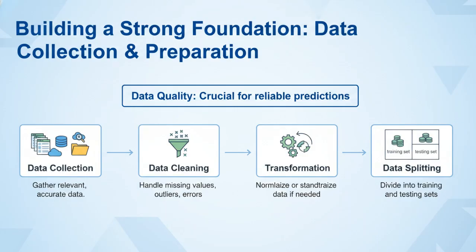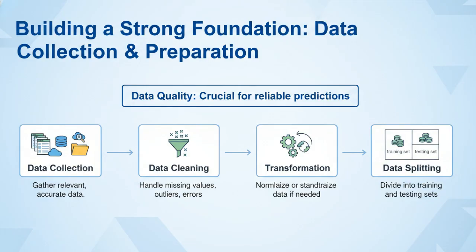The old adage, garbage in, garbage out, holds particularly true for regression analysis. The success of any predictive model hinges on the quality of its data. The process begins with careful data collection, ensuring relevance and accuracy. Next is rigorous data cleaning, where we address missing values, identify and handle outliers, and correct any inconsistencies.